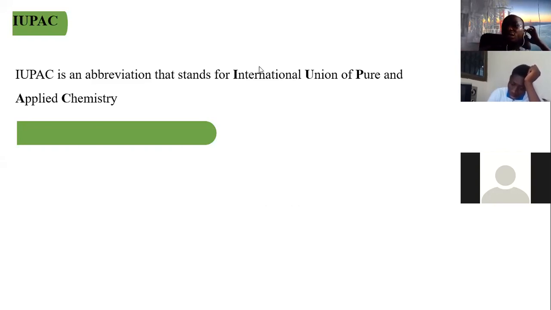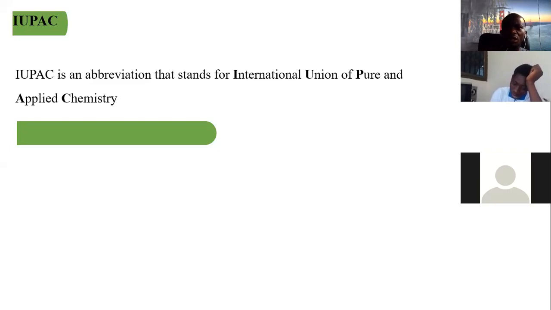So IUPAC. Now we are actually going to the real naming of the compounds. This body of scientists came out with a set of rules that govern the way compounds should be named, and that body of chemists is what we call IUPAC.